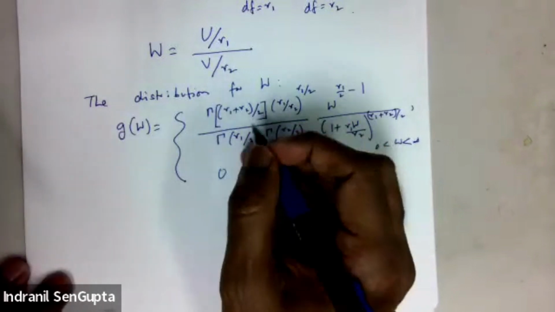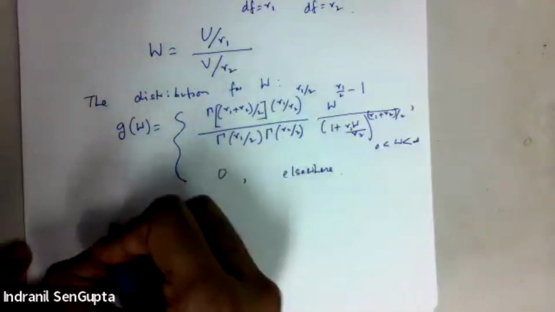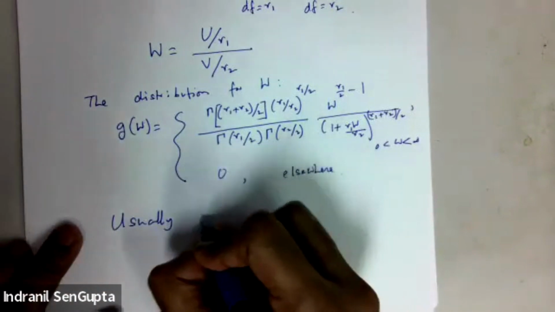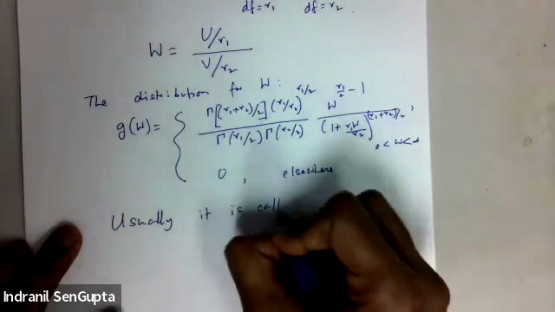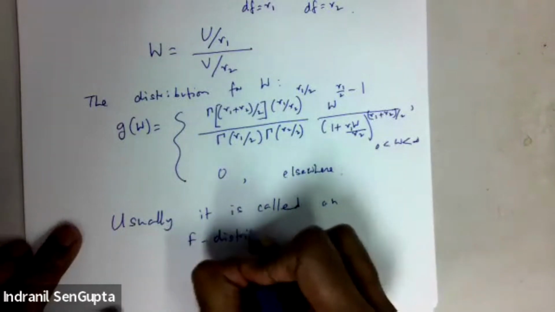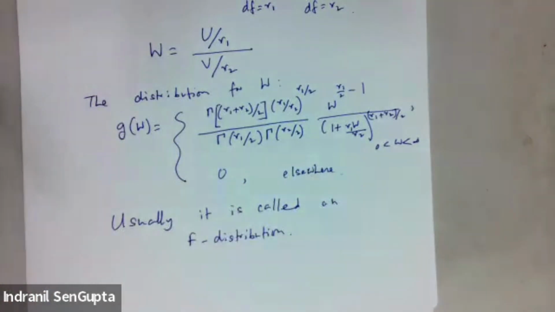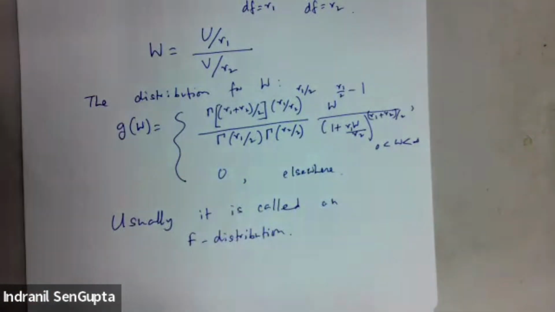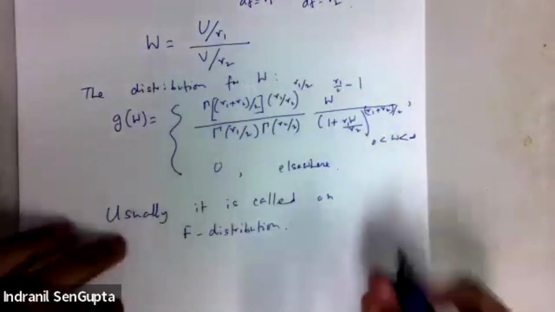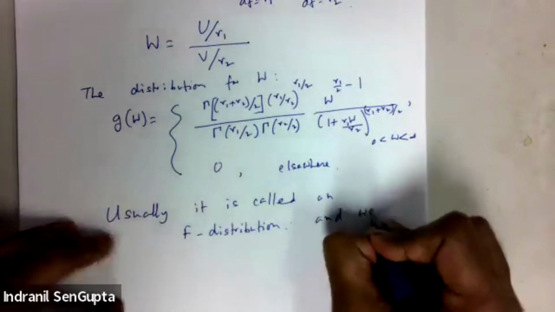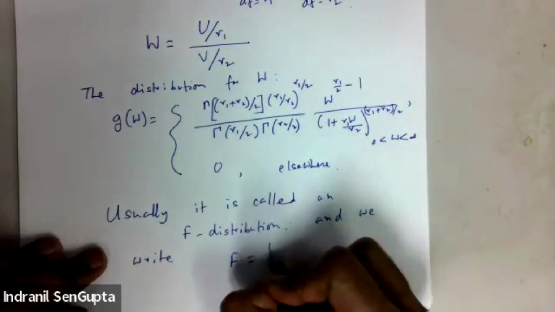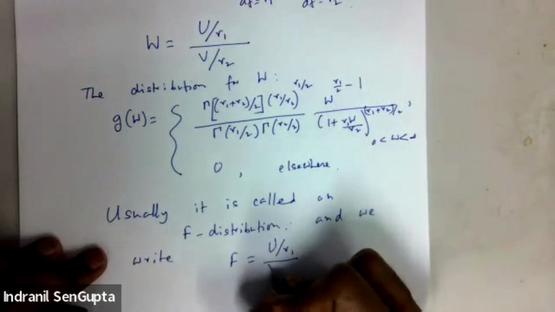This is usually referred to as an F distribution. We also write this W as F, so F is U over R1 divided by V over R2.